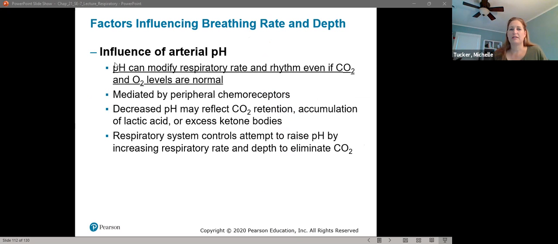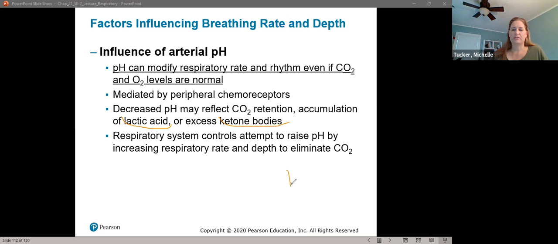pH can modify respiratory rate and rhythm even if CO2 and O2 levels are normal. And this is important because decreased pH may reflect CO2 retention, but also accumulation of lactic acid during things like exercise and ketone bodies, which occurs sometimes in uncontrolled diabetes.